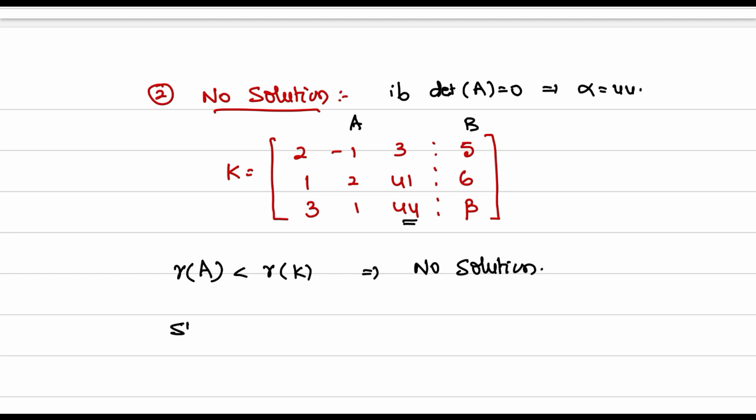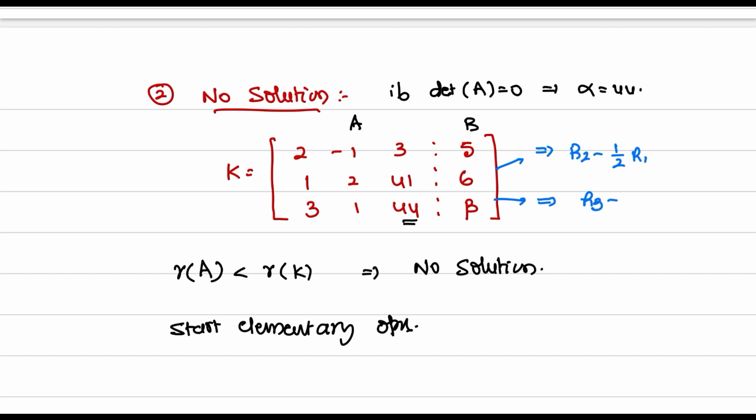Let us start elementary operations. What we have to do for elementary operations? We have to make the first column, second element and third element as zeros. For that, what we require? R2 minus half R1, R3 minus 3 by 2 R1.